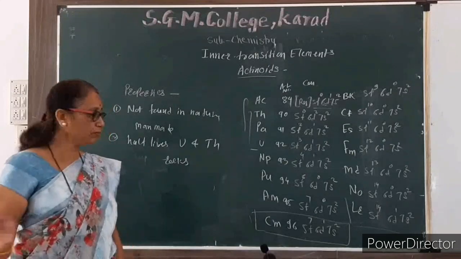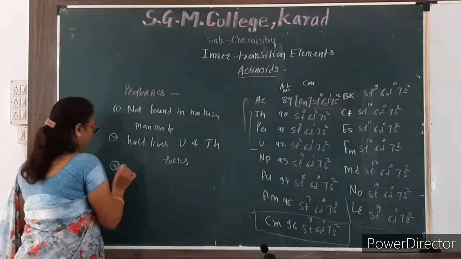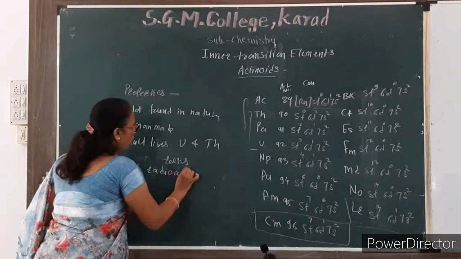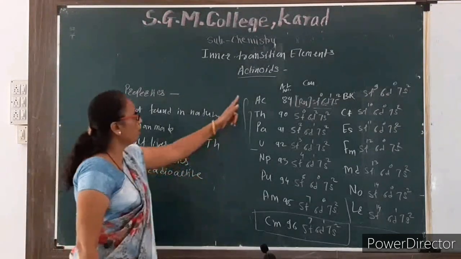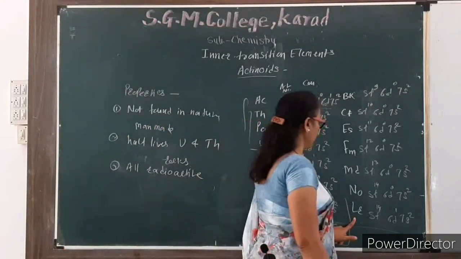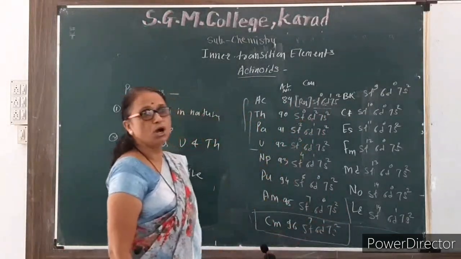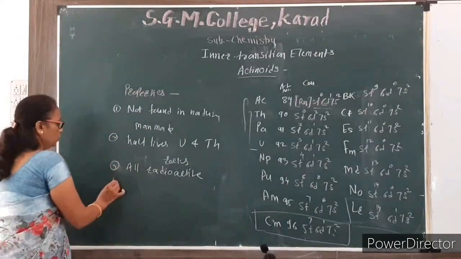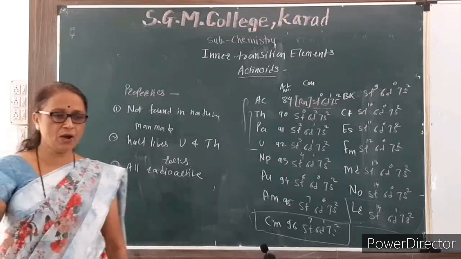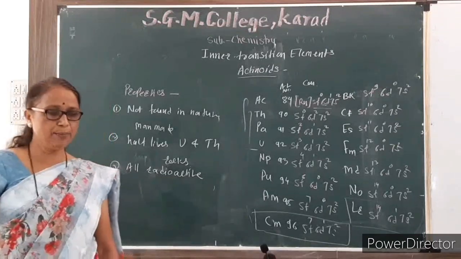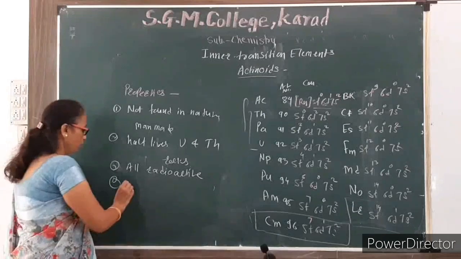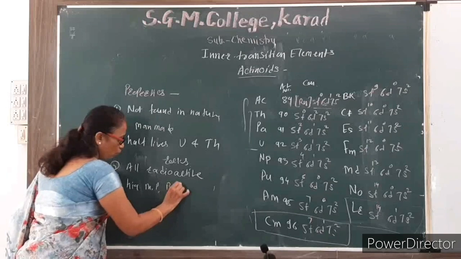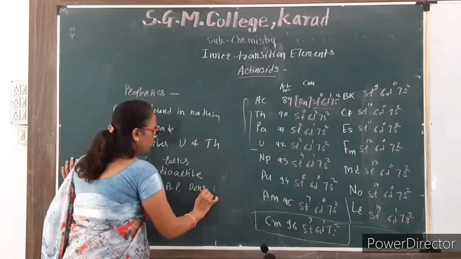All elements are radioactive, from actinium to lawrencium, from thorium to lawrencium. They have high densities, high melting points and high boiling points.